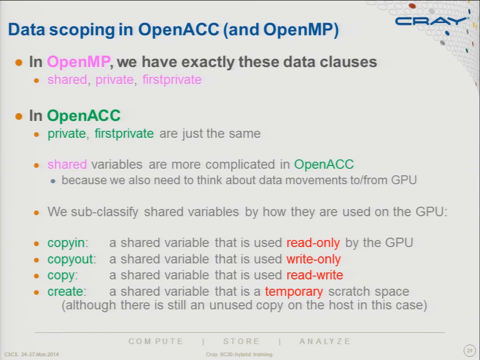So shared in OpenACC has to be split into 4 different cases. If we read and write the array, it should be copy. If we only read it, we only want to copy it in at the start. If we only write it, we only need to copy it out at the end. If it's a temporary array that's only used as scratch space, then you don't want to do any data copies at all, and then you say create. And these are the names that they're given.